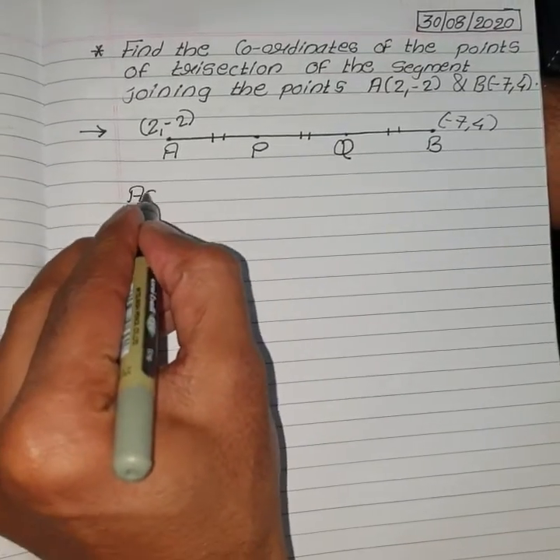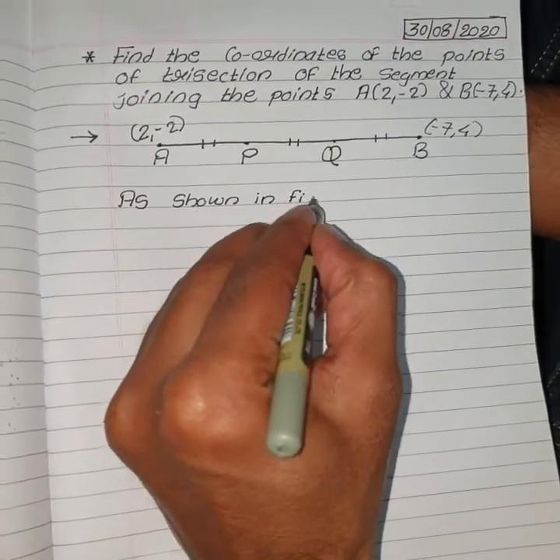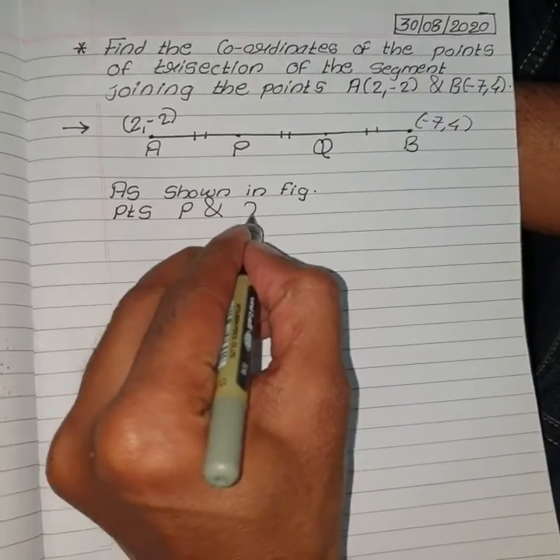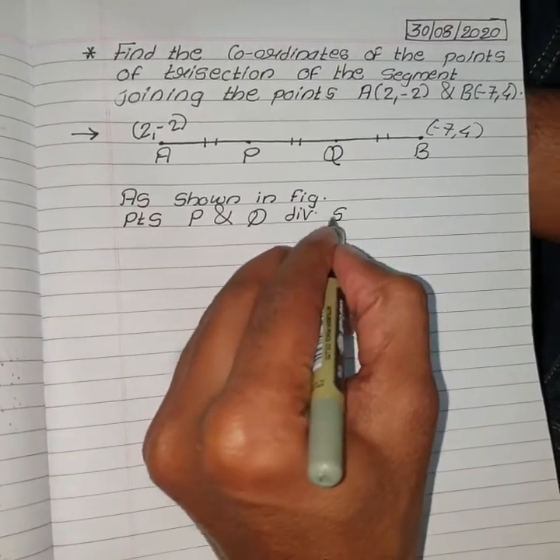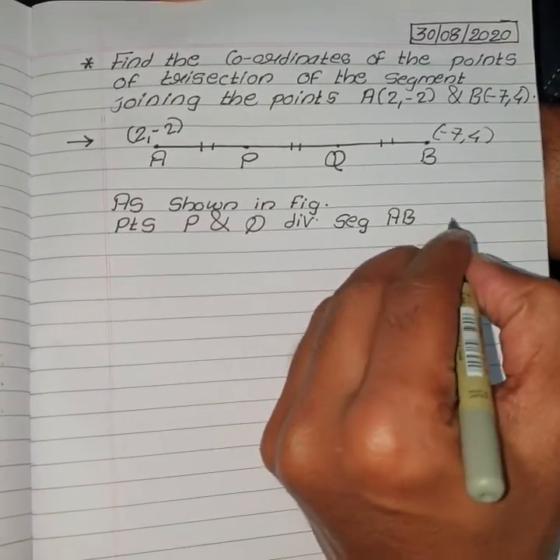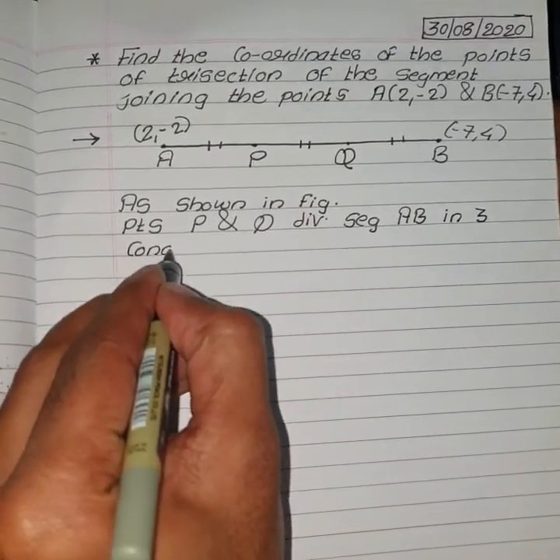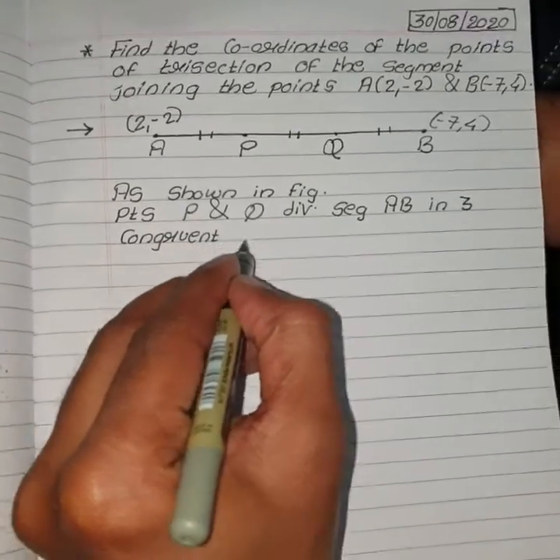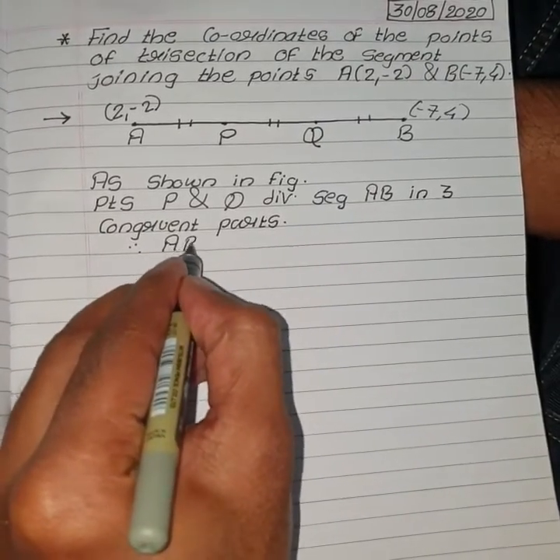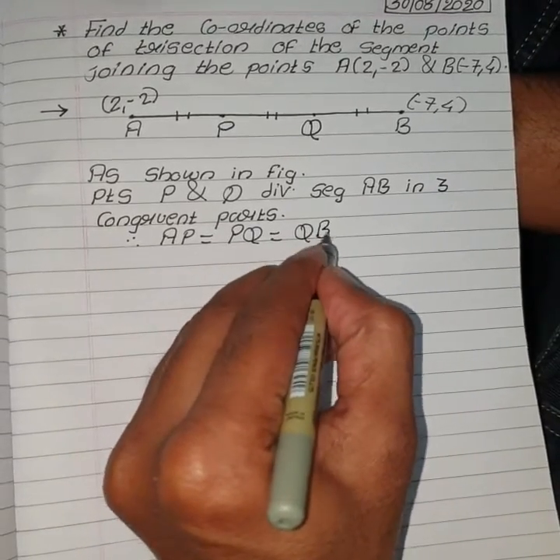So as shown in the figure, points P and Q divide segment AB into 3 congruent parts. Therefore, AP is equal to PQ is equal to QB.